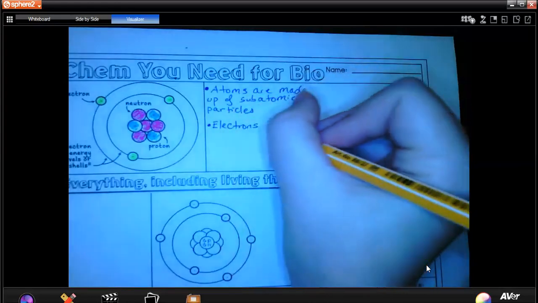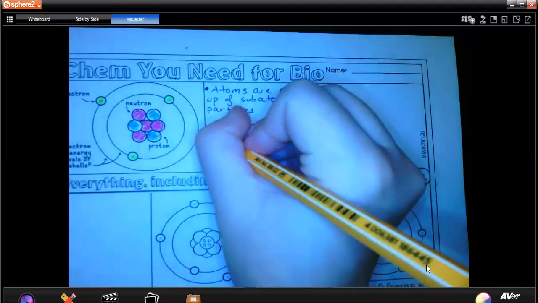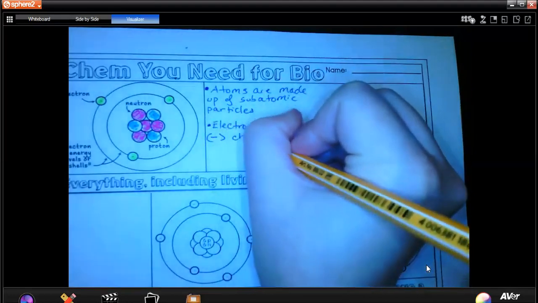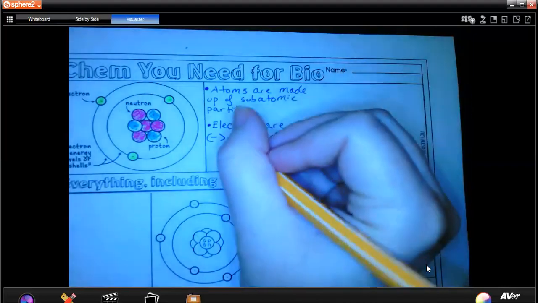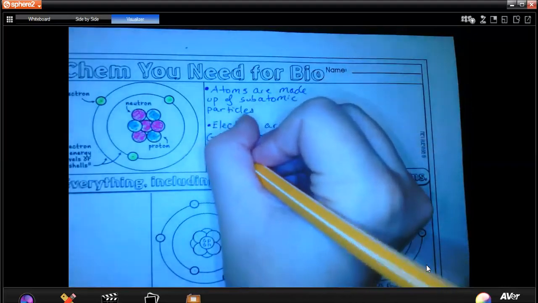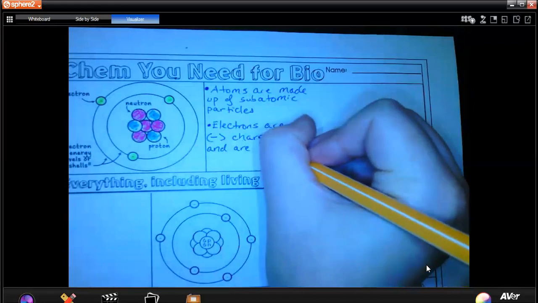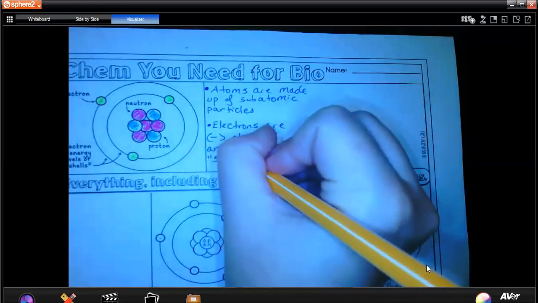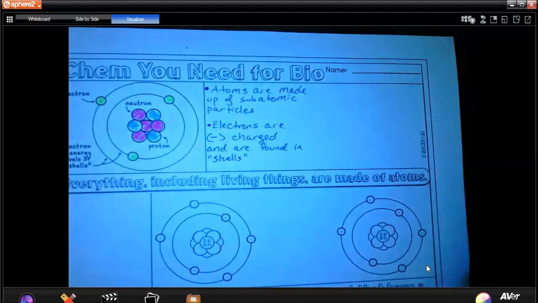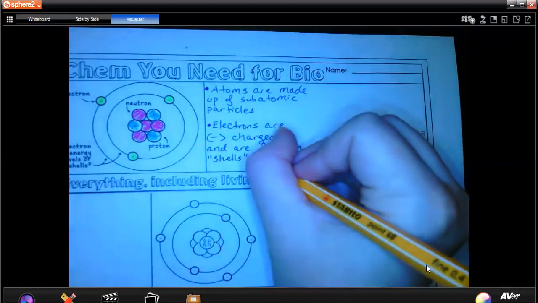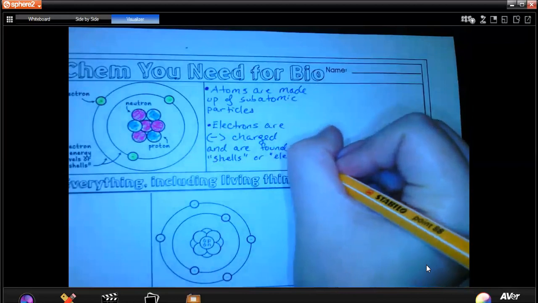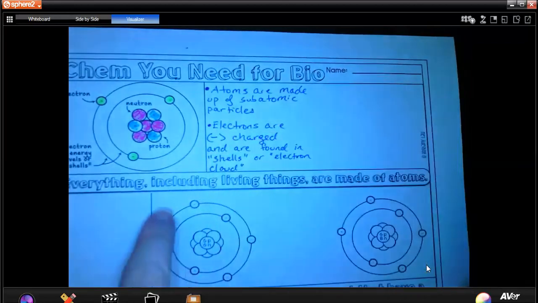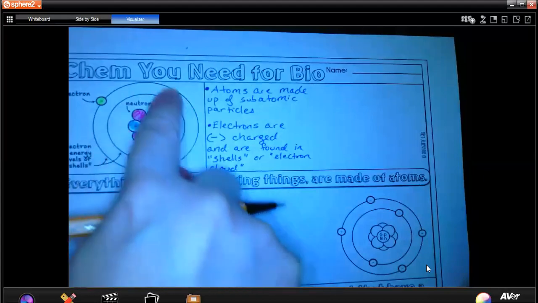And then it's just information that I've already talked about while we were coloring our atom here. Electrons are negatively charged, and are found in shells. We can air quote the shells, or it's also known as an electron cloud, because in reality, they are not nicely isolated into these shells.